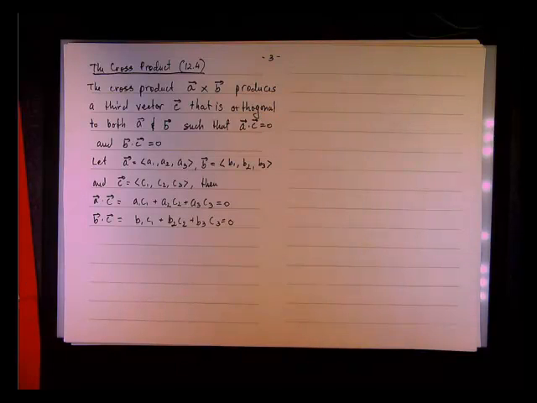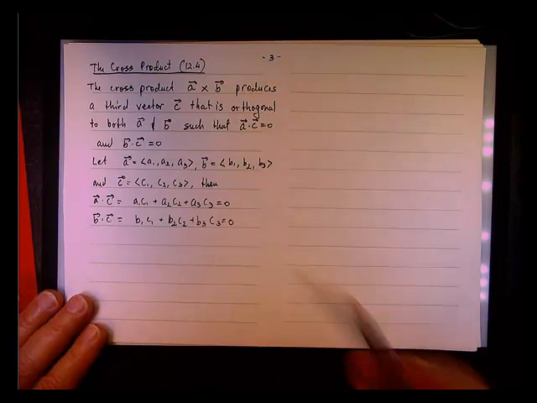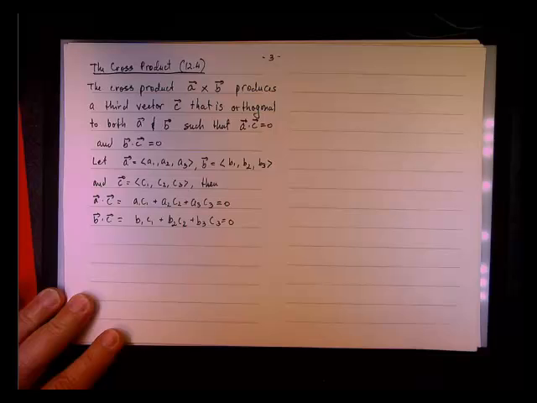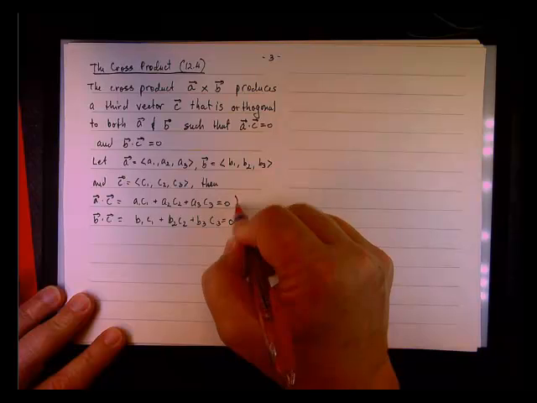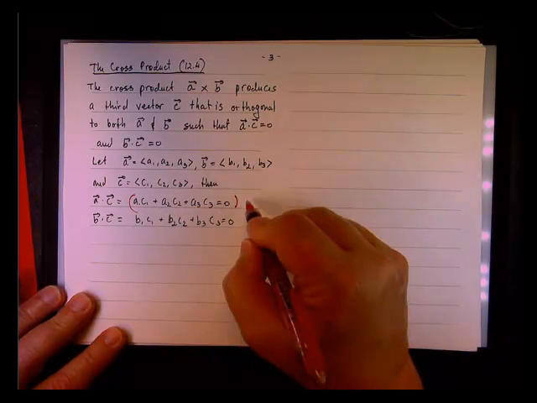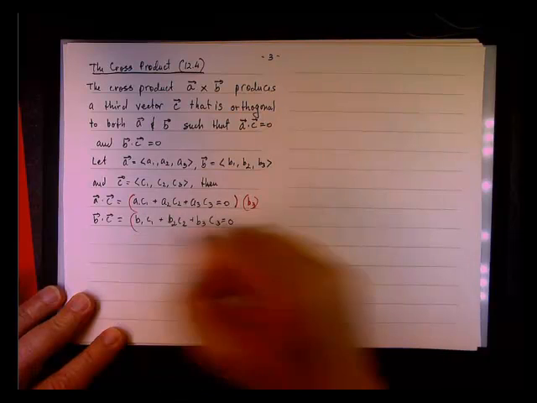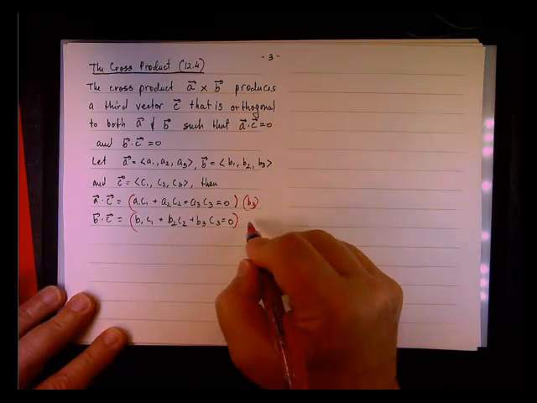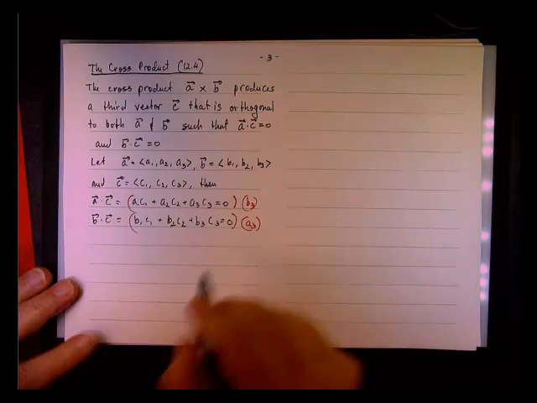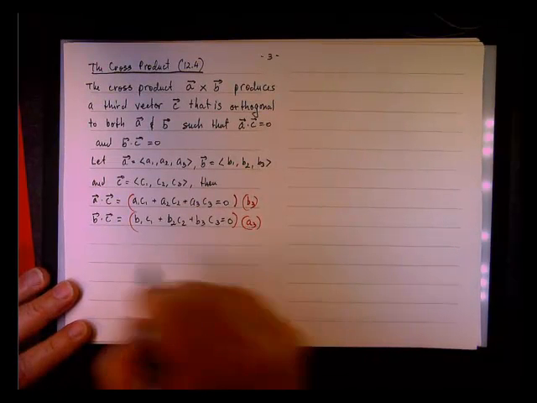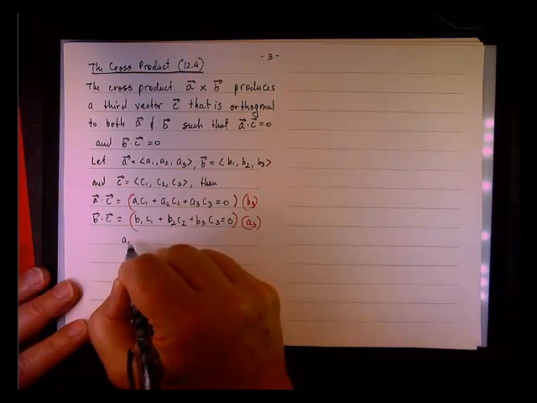Remember how in college algebra or before, you learned how to solve a system by elimination? You want to subtract one equation from the other and eliminate. Unfortunately, we don't have any common terms here, but we can create one. If I multiply the first equation by B3, and take the other equation and multiply it by A3, and subtract one from the other, then what do we have?